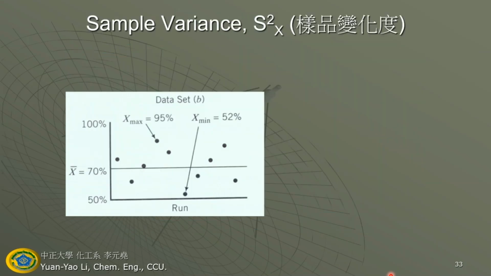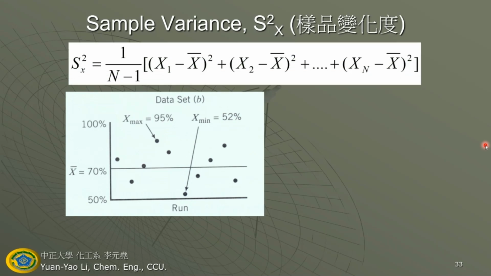Okay, so the second expression to give you the quantitative answer is called sample variance. As we use data set B here, if you know the average, you take the number one data minus the average, bracket power 2, and then plus what?